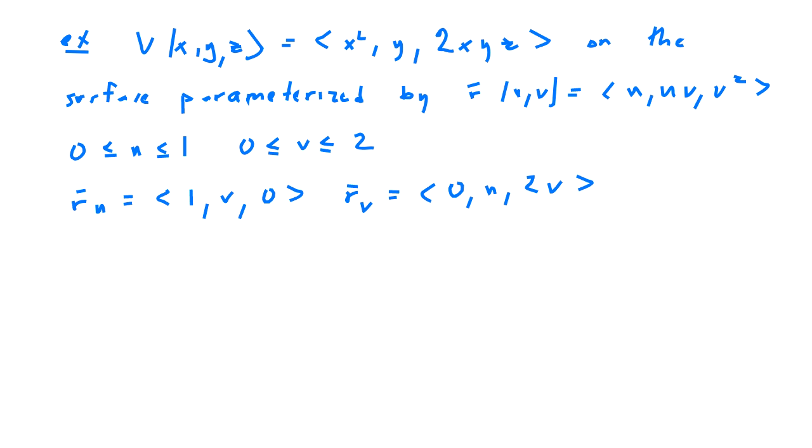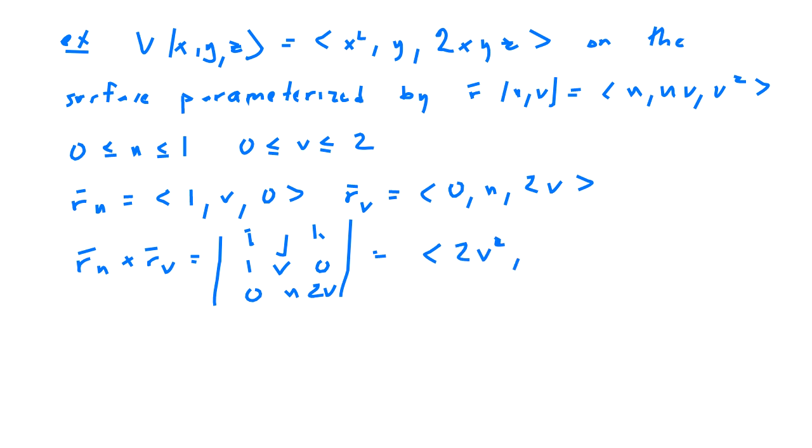Then we get the normal vector, which is the usual i, j, k determinant. And so I can fit it in, I'll just give the result, and you should be double checking me here as usual: 2v squared, minus 2v, and u.